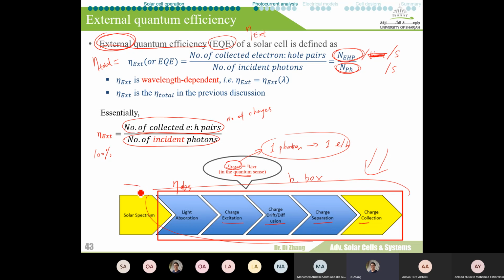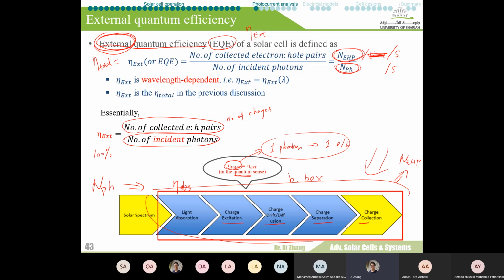So the input obviously is the number of photons. A certain number of photons goes in, and then a certain number of electron and hole pairs comes out. Basically, we do not care what's happening inside in detail. We just want to see the ratio of conversion from photons to electron and hole pairs. That's why we call this efficiency the external quantum efficiency.